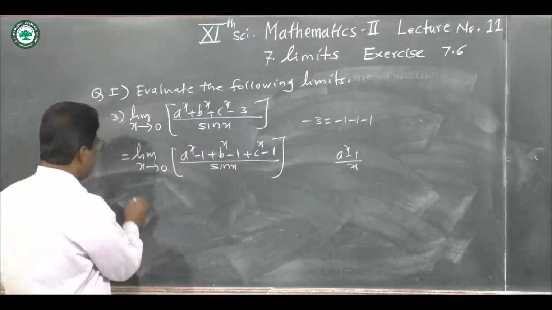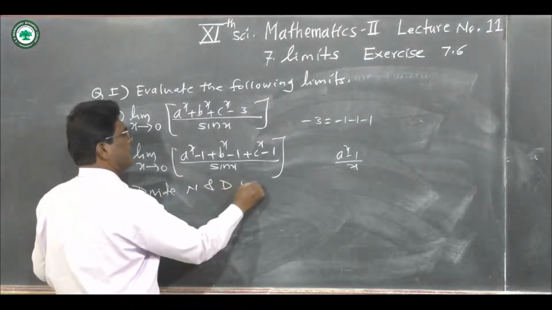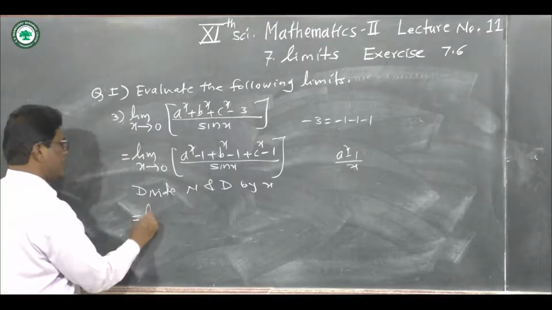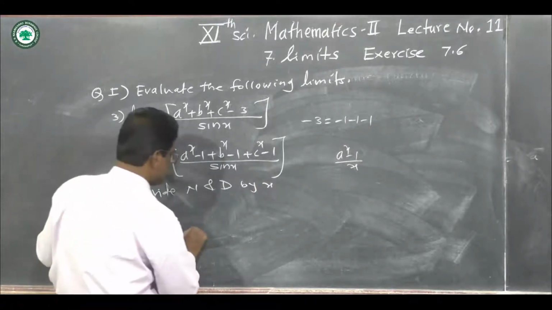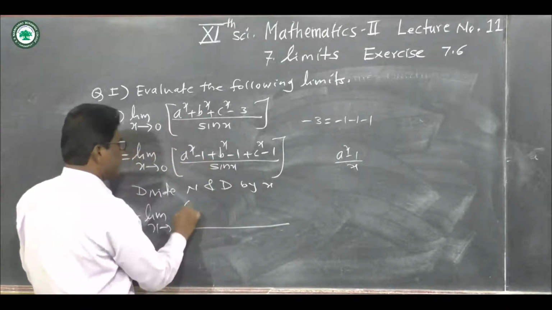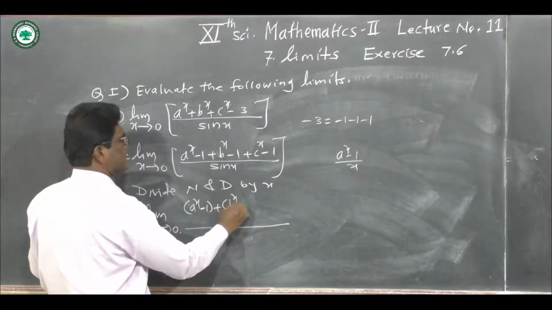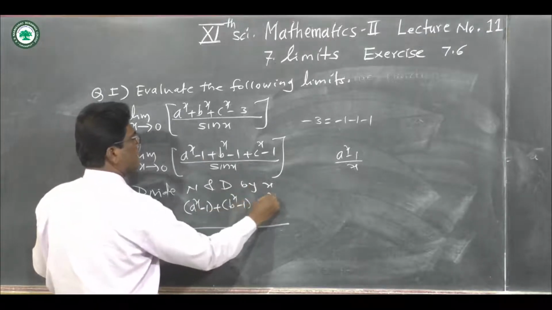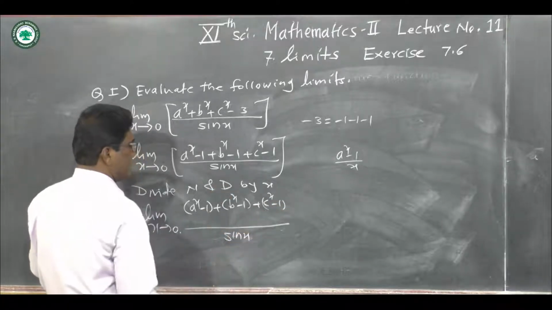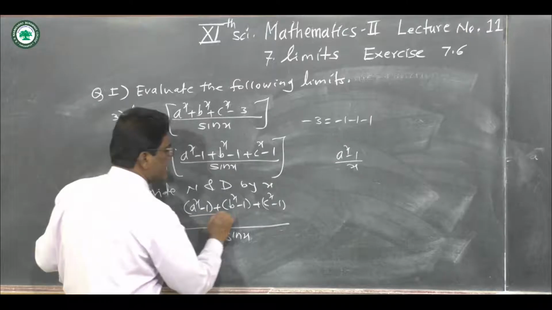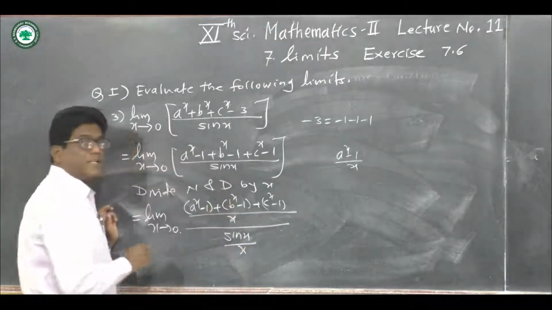Okay, so divide numerator and denominator by x, and so we get limit as x tends to 0, here numerator a to the power x -1, plus b to the power x -1 plus c to the power x -1, and here denominator sin x. We divide numerator by x, so divide this by x, and denominator by x, so sin x by x.